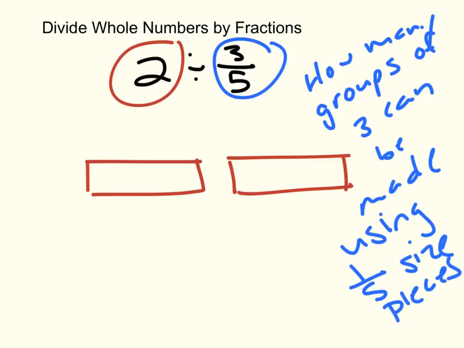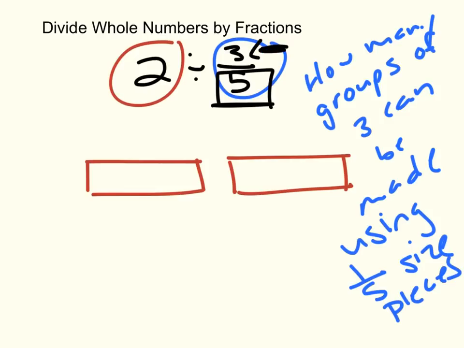How many groups of 3 can be made using 1/5 size pieces? This is the big idea here, that we're trying to find these groups. We're going to break our wholes into this denominator size piece. And we want to be able to make them in groups of the numerator.